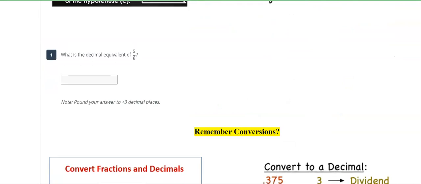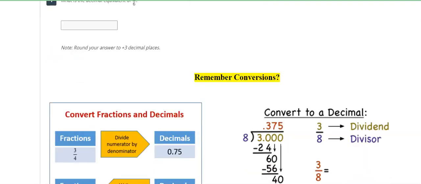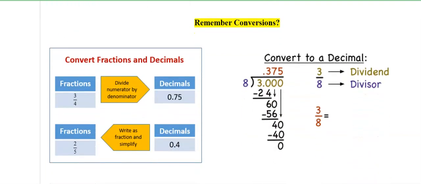The next one is, what is the decimal equivalent of 5/6? And it says to round our answer to 3 decimal places. Now, if we remember our conversions, if we're going from a fraction to a decimal, we divide the numerator by the denominator.